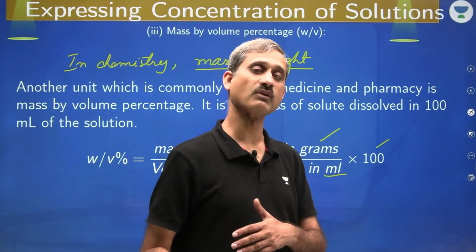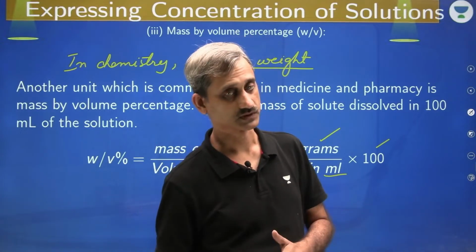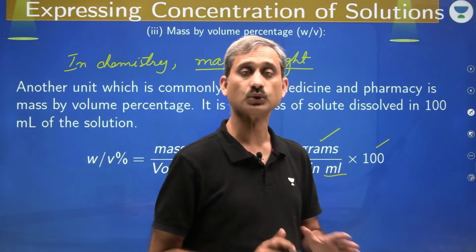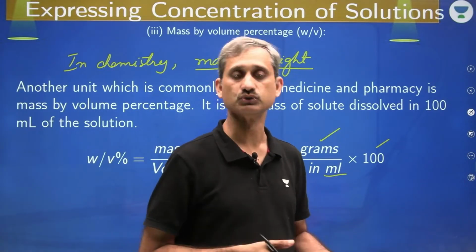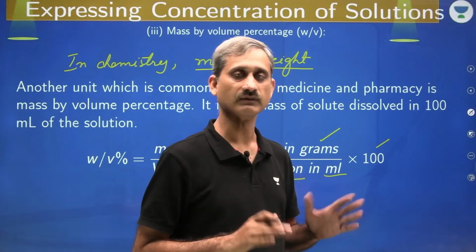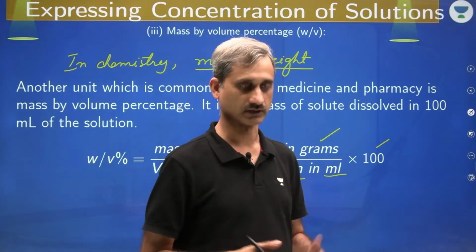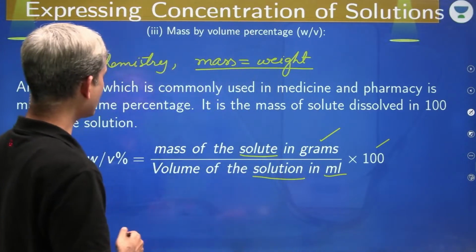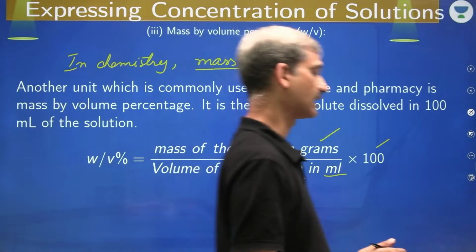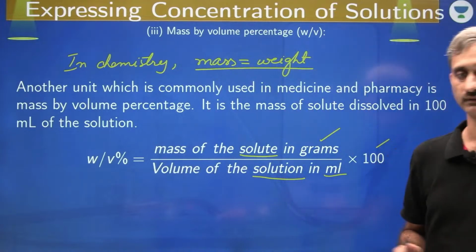So, it is mass by volume percent, it could be weight by volume percent. So, just understand that, don't get confused. Here in chemistry, we do not talk about the conversion of the weight in newtons. No, we are taking the weight in gram, we are taking mass also in gram or kilograms. Any doubts? So, that's what we have as the mass of the solute and the solvent.